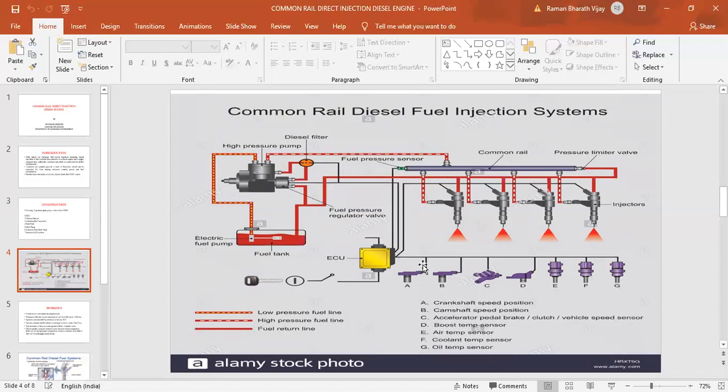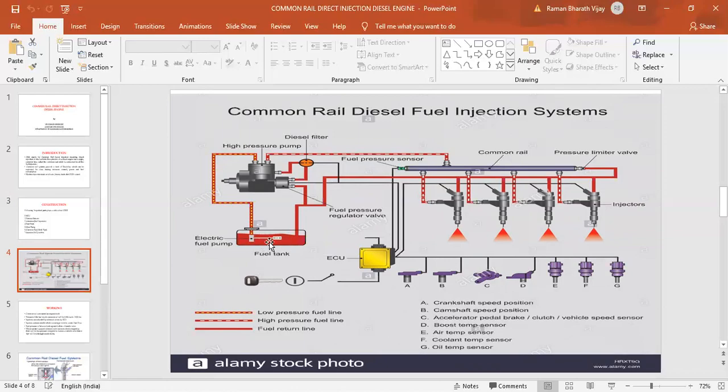So the sensors give signals to the engine control unit, which has inbuilt software, and this gives signals to the actuators, which are nothing but the injectors. This is a part of the construction of the CRDI. Now you come here, and you will have the fuel tank here.